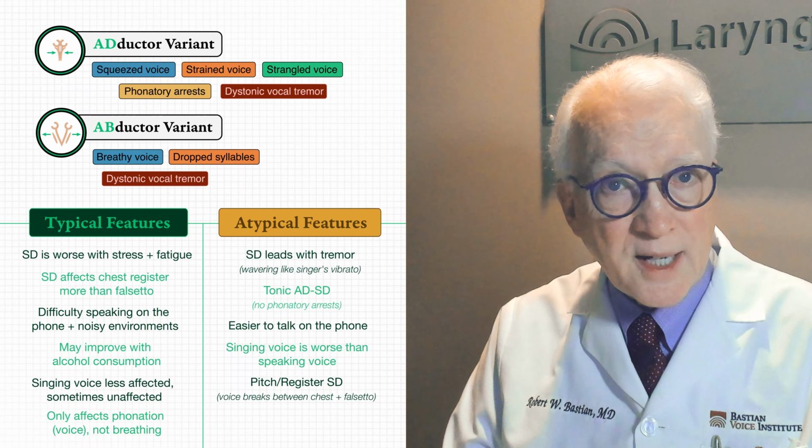The suggested mechanism is possible active spasms in the cricothyroid muscles, the singer's muscle that helps us get to high pitch, combined with a kind of intermittent flaccidity, almost like a flaccidity spasm, the muscle going limp instead of contracting, in the thyroarytenoid muscles.